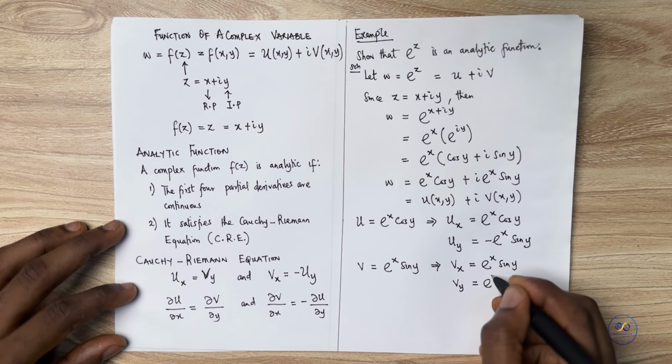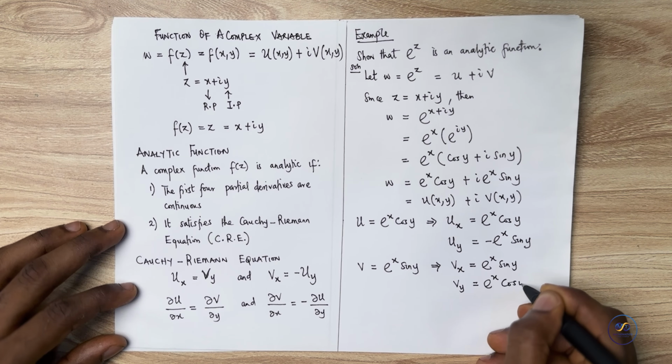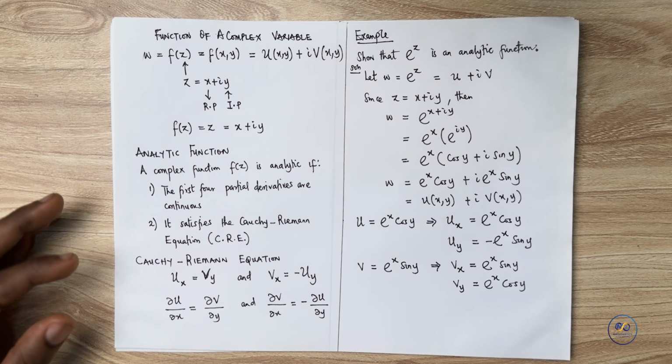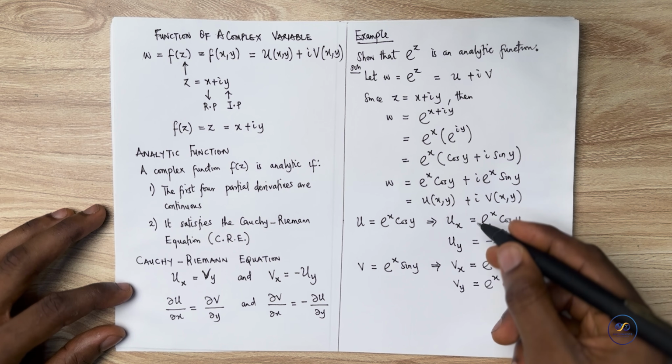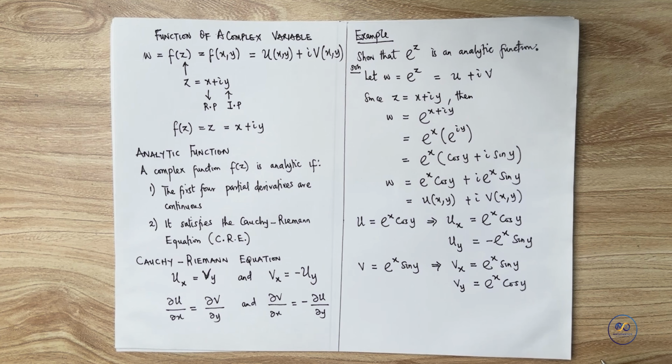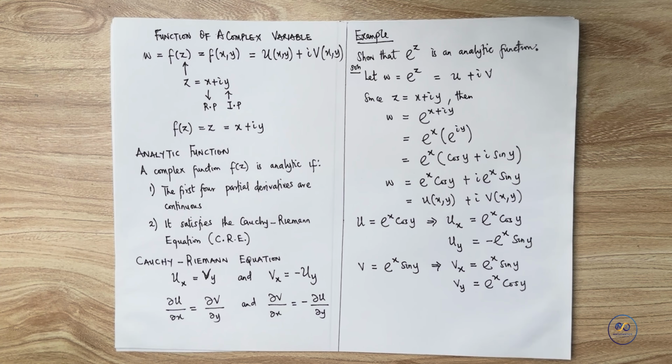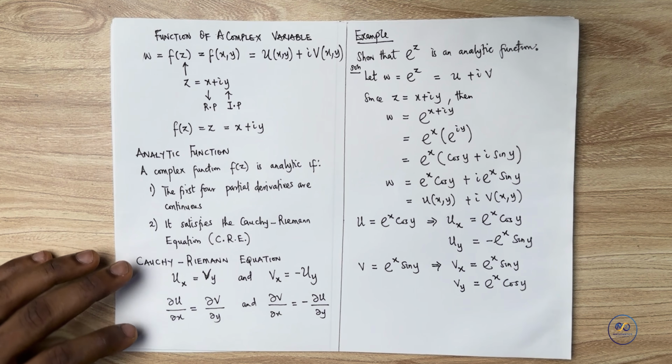This should be e raised to the power of x cos y, because the differential of sin y gives me cos y. So I could find my differentials, right? And remember, if the function is differentiable, then it means that function is continuous. So I could find my first four partial derivatives, which means they will definitely be continuous, right?